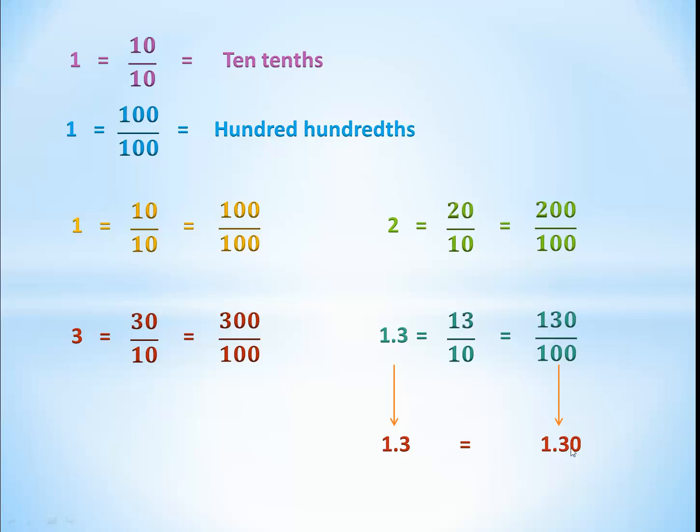The 0 on the right never changes the value. Okay, here 1.3 is the same as 1.30. 0.3 is the same as 0.30. 1.5 is the same as 1.50. Okay.